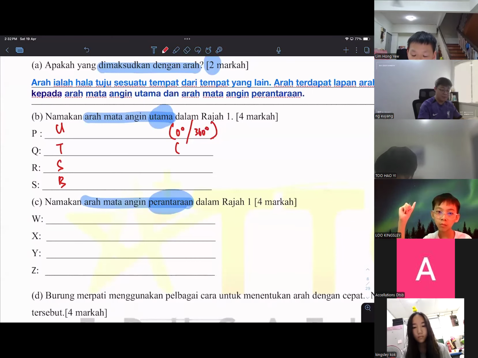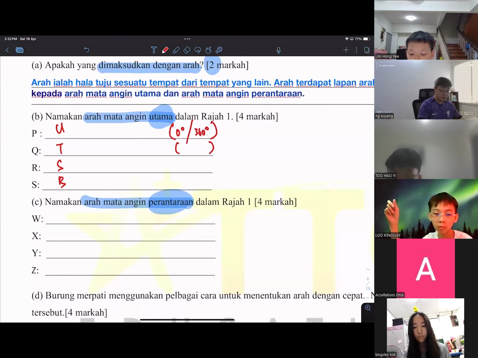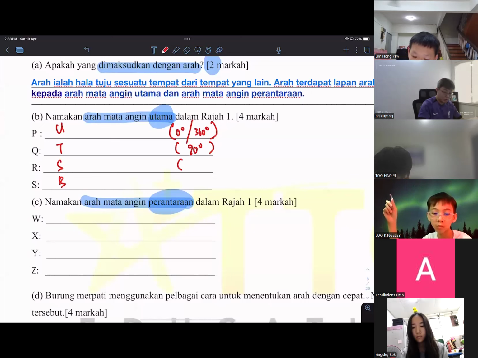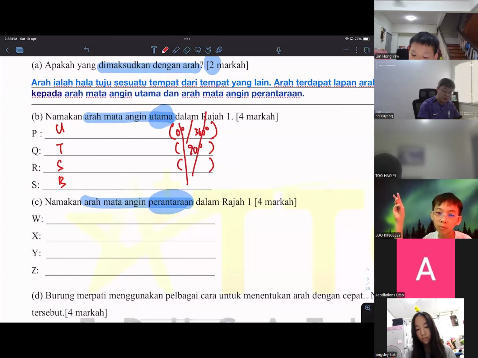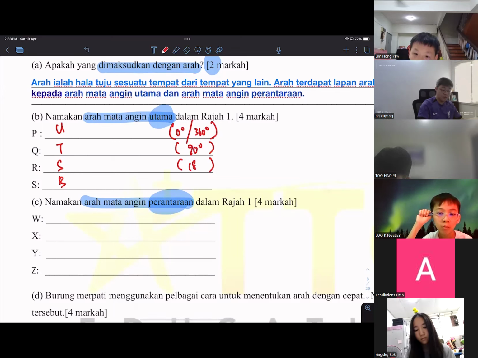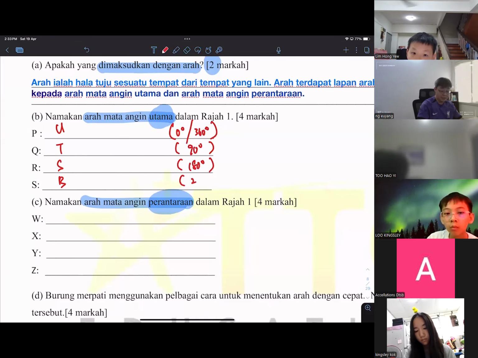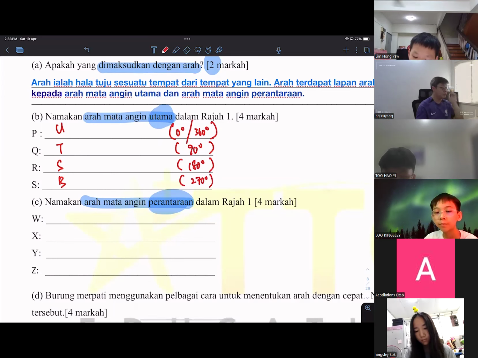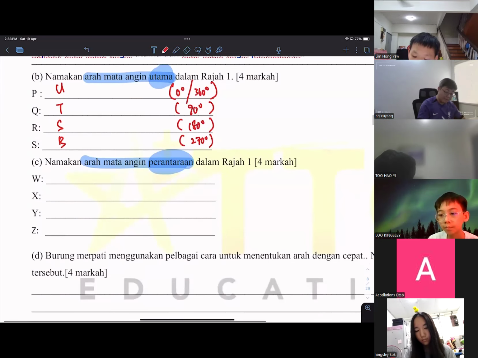So next one, how about timur? Timur is only 90 degree. So selatan is half of 360, which means 180 degree. So for barat it is 270 degree. Okay, so what is the arah mata angin perantaran?